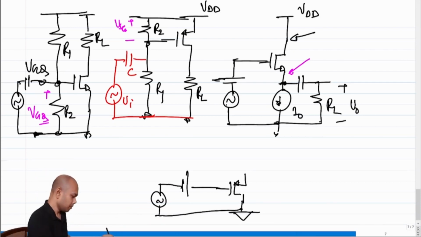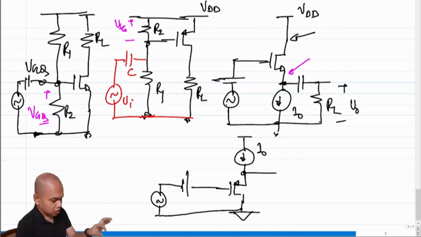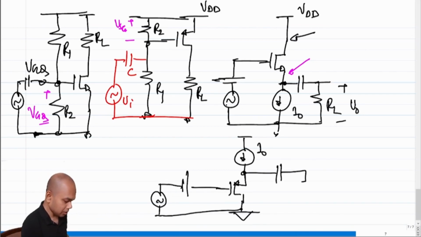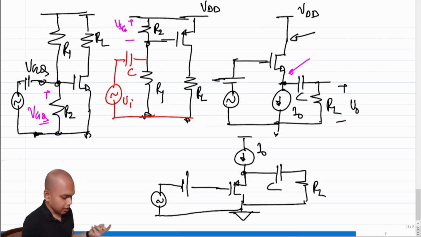So we can feed current into the source. This becomes I0, and we were taking the output from the source of the MOSFET, AC coupled to RL, right? Similarly, you can sketch the common gate amplifier.